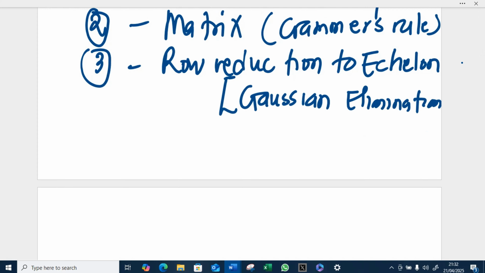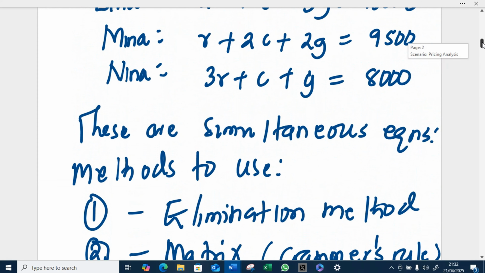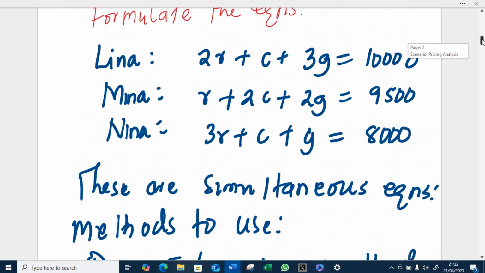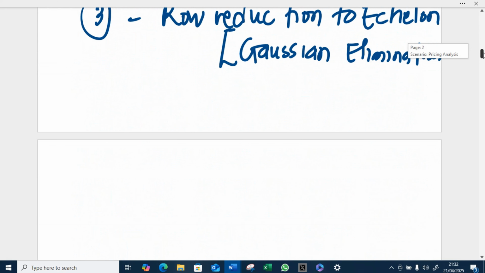For that matter, we are going to choose the easiest for us because the choice is at our own discretion. So we shall just pick any method of our own and solve this problem very fast. We have chosen the elimination method.